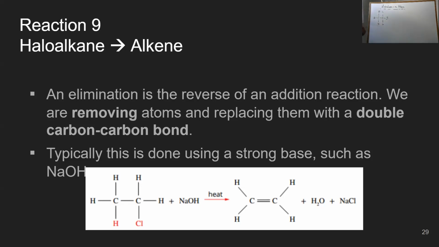You'll notice that we use heat, acids, bases, and catalysts in order to break bonds and reform them, because we need some kind of energy to break the bonds physically. So we add sodium hydroxide in the presence of heat.